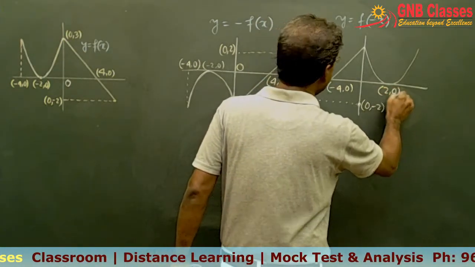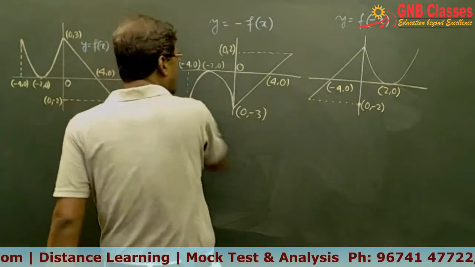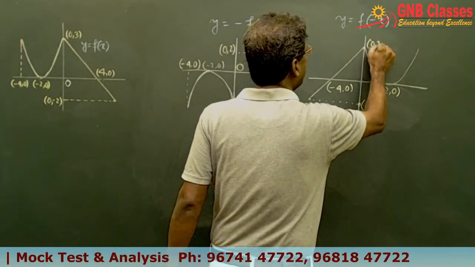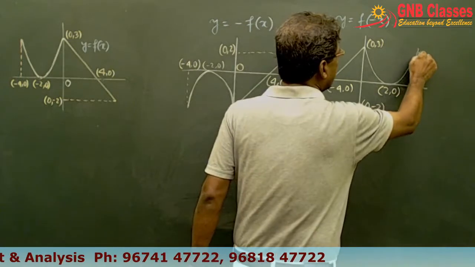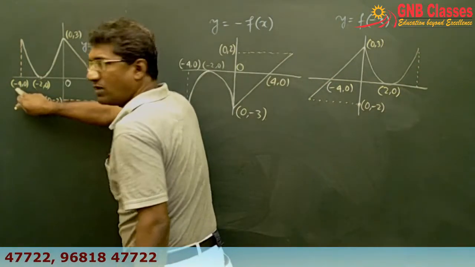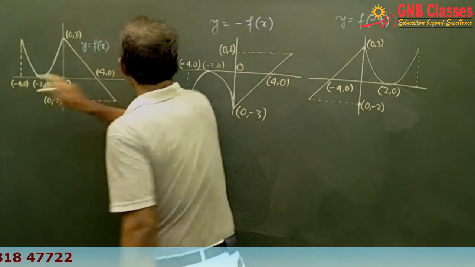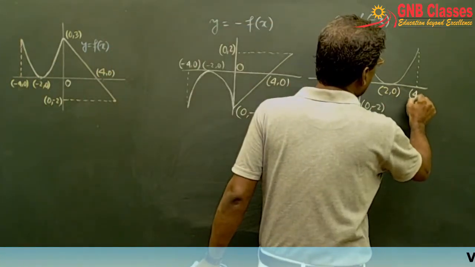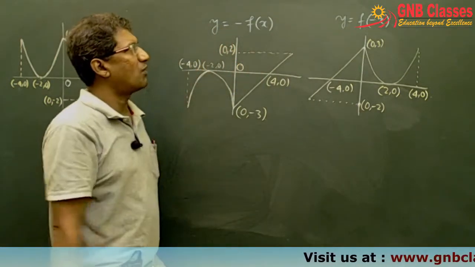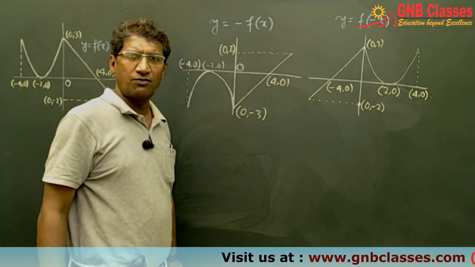It is the reflection of this point, so it will come here as 2, 0. This point remains as it is. It's 0, 3. Actually the abscissa of this point, that is the x coordinate, is minus 4 over here. So in this case, this point will be 4, 0. Is it clear to everybody? So this is the graph of y equals f of minus x.